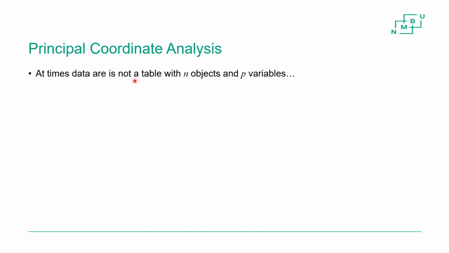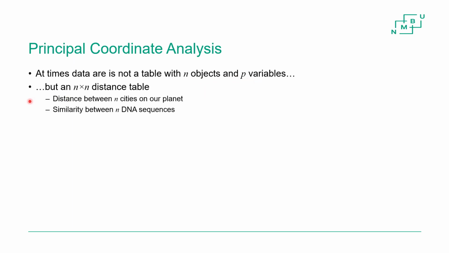The data we have available are not always a data table with n data cases and p variables. It's instead a distance table, an n times n distance table, so a distance between the data cases.